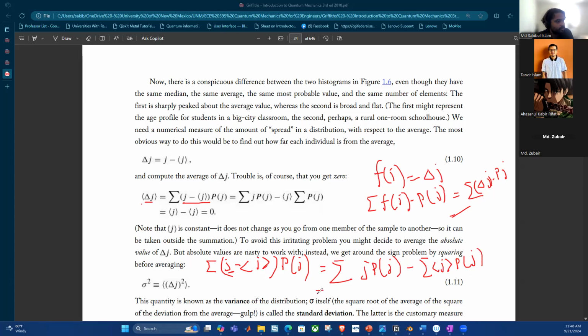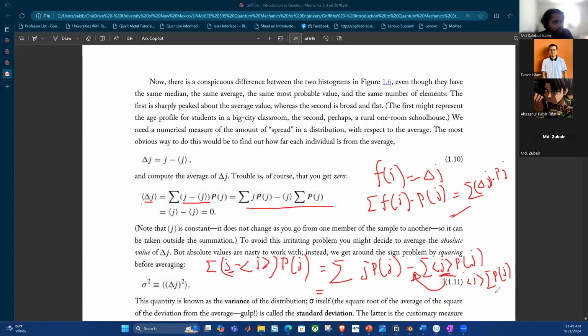So in here, this term means we already did the average, so we don't need to take the average of the average. We are taking it out of the sum. That means the only thing in this second term is the summation of p of j.